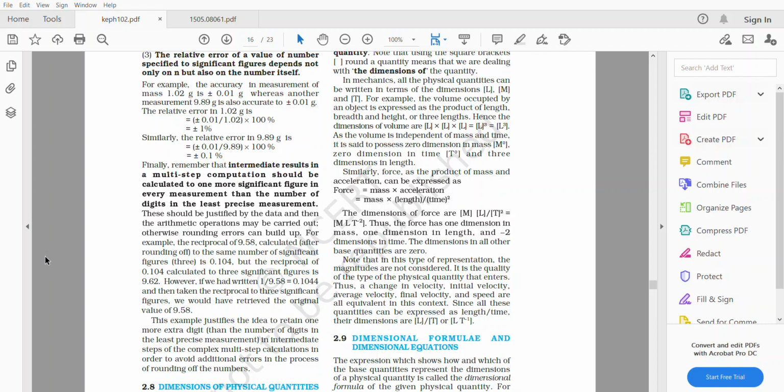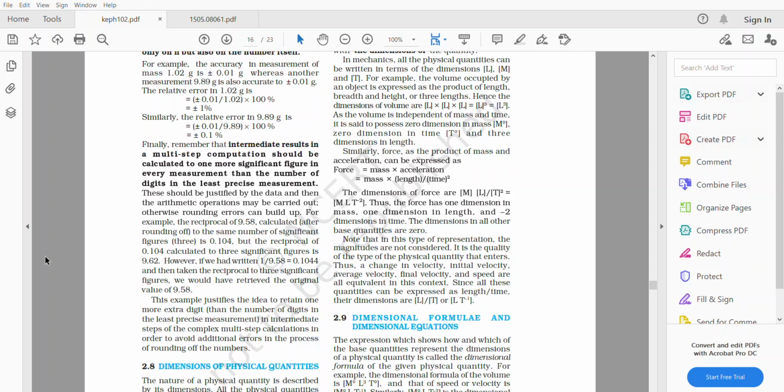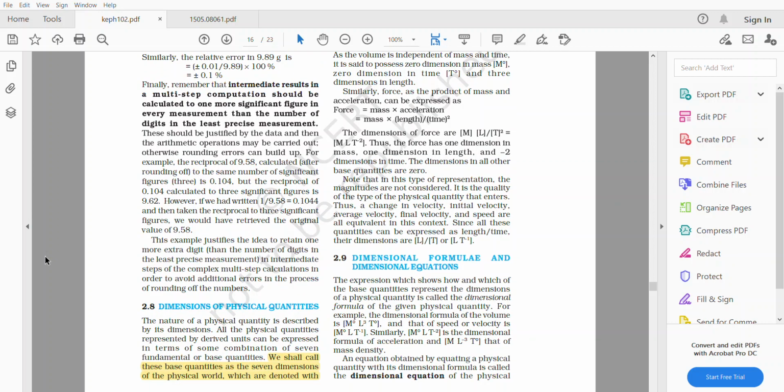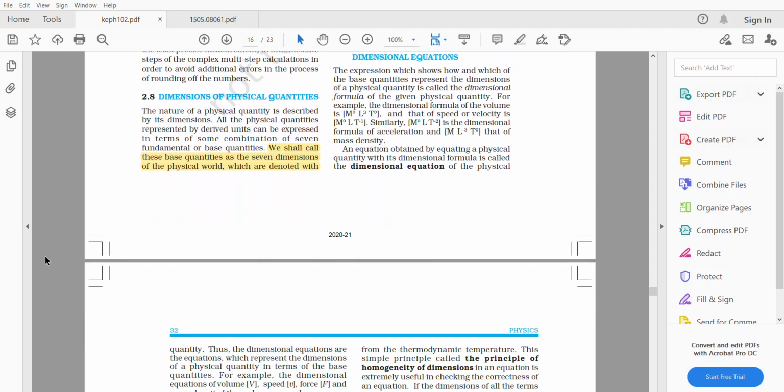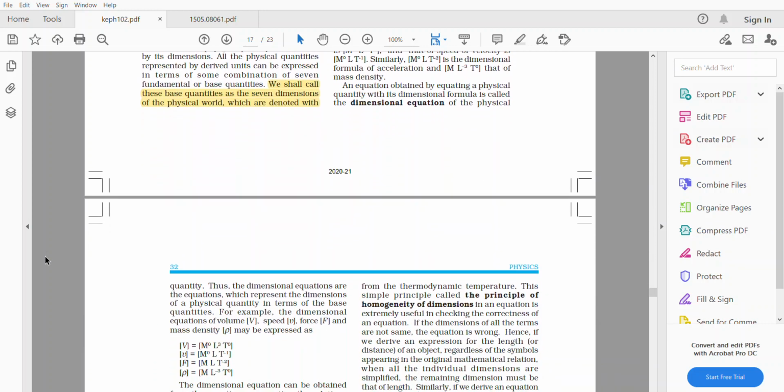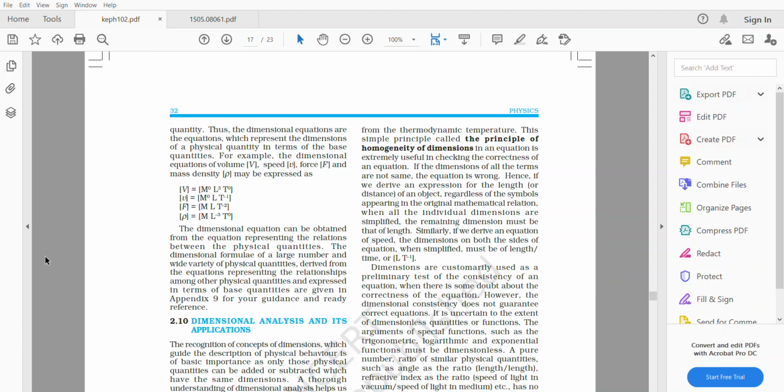Now comes the next step, which is most probably asked in problems in competitive exams: dimensional analysis and dimensional equations. Among the applications of dimensional analysis, the most important one is the principle of homogeneity of dimensions.